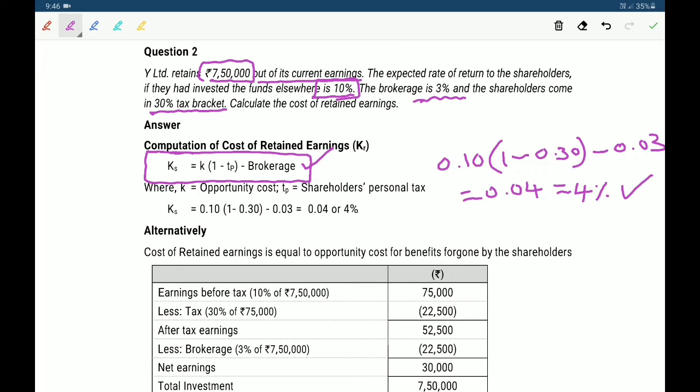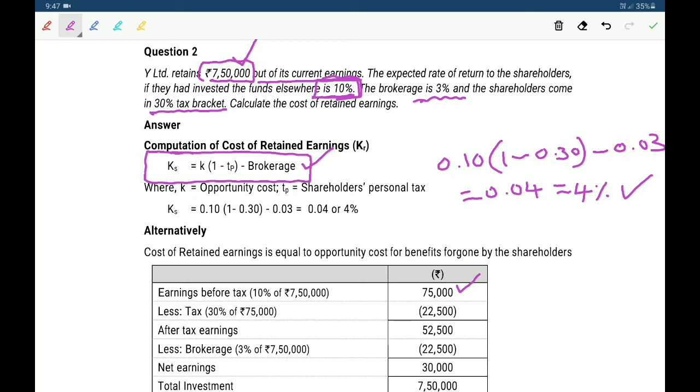The alternative method: 7,50,000 rupees. If the funds are invested anywhere, it gives 10%, that means 75,000. That's the earning before tax, 75,000.